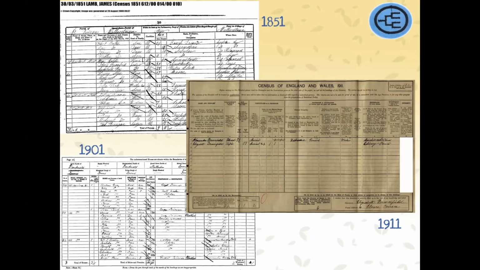Each of these from 1911 are the actual physical pieces of paper that your ancestors would have completed, or the person that was the head of the household. If they were visiting another family, it would be the head of the household that filled it out, and it would just have mentioned your relative. But Alexander Broomfield and Elizabeth Broomfield were my great-great-great-grandparents.